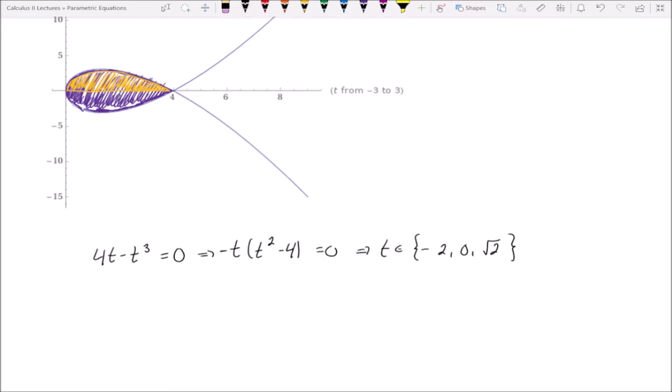So t is going to be -2, 0, and +2. Let's just take 0 to 2. We don't need to worry about -2 to 0, because that would be the other half of the area.